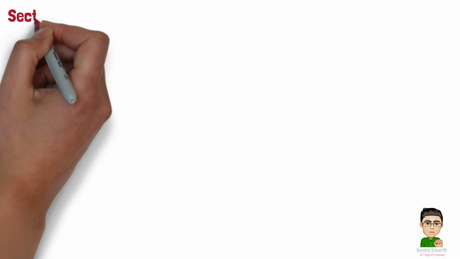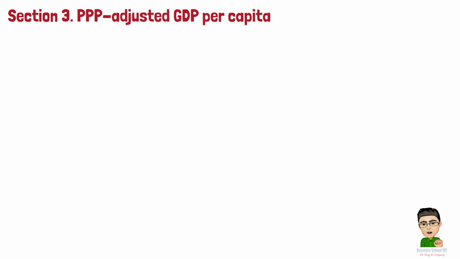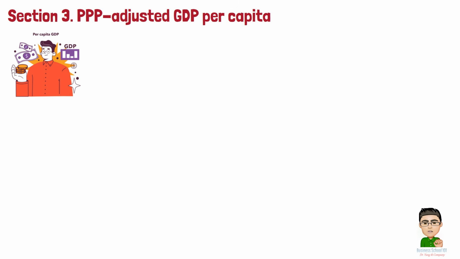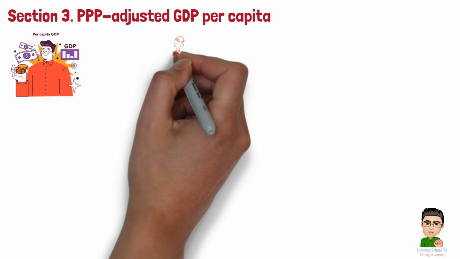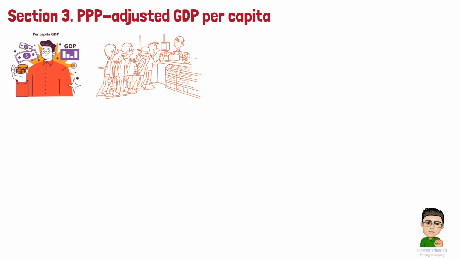Section 3. PPP-adjusted GDP per capita. As we know, when comparing a country's wealth at the individual level, we often use GDP per capita as an indicator. However, this measure does not account for differences in purchasing power. So let's use an example to explain how to calculate the adjusted GDP per capita based on purchasing power parity.